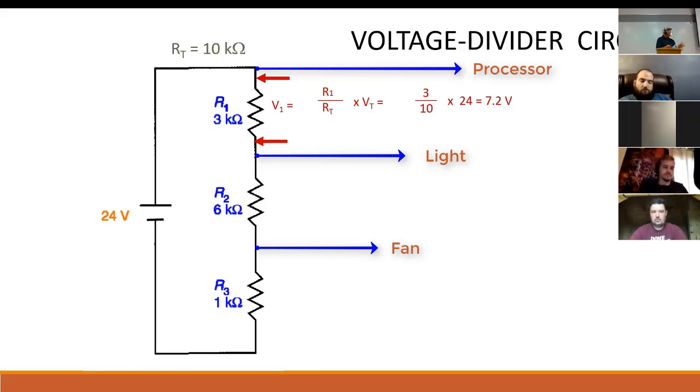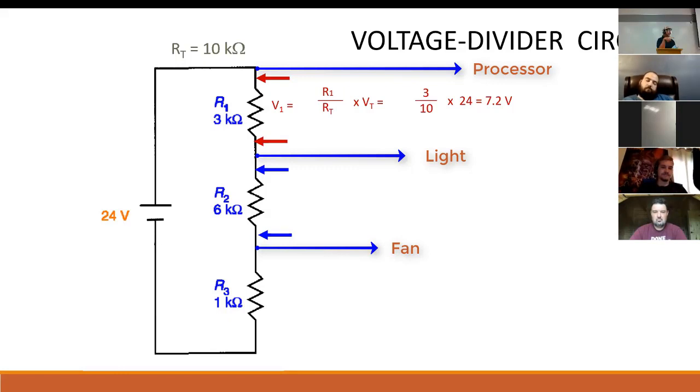Now think about this. The next resistor down is 6K. Now 6K, as far as a factor, how does it relate to a 3K? So it's double.